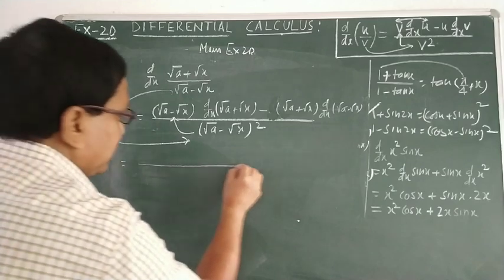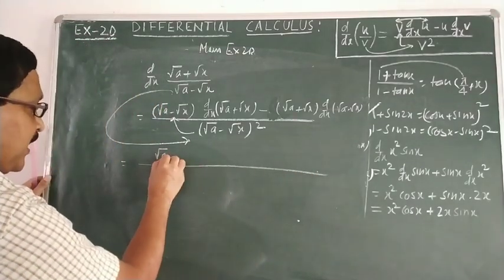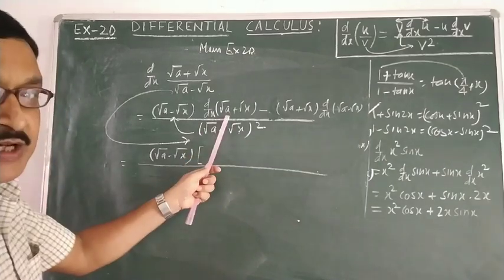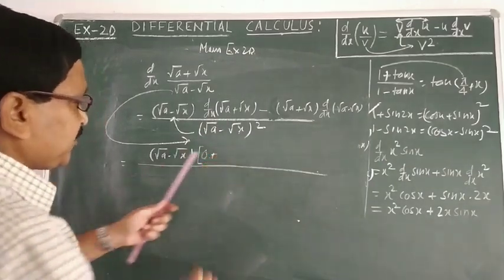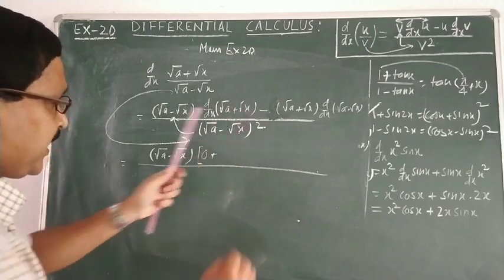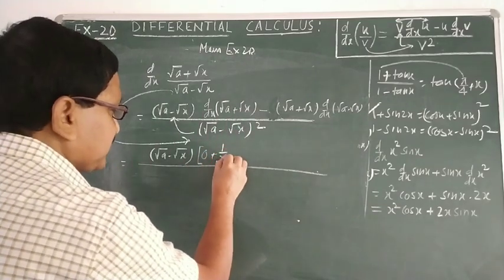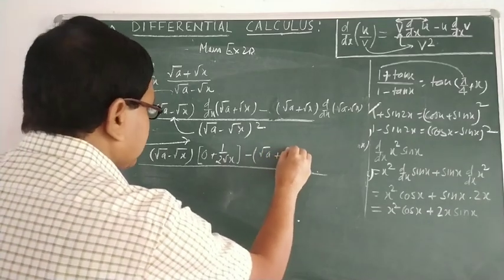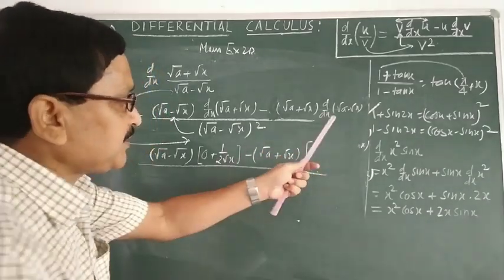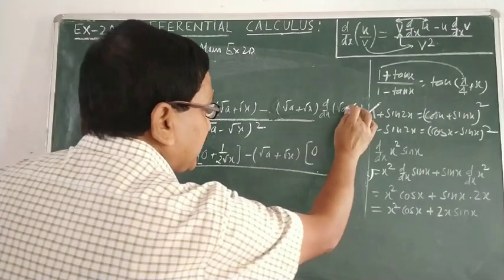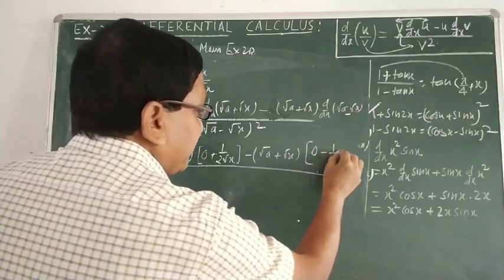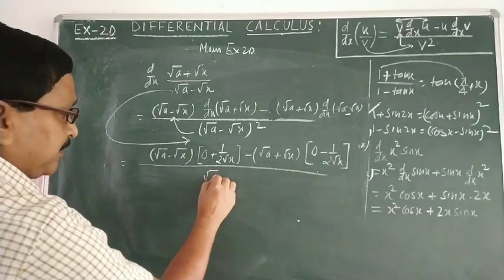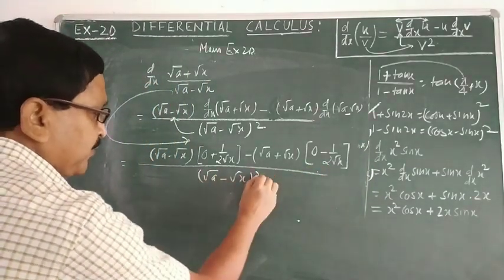So now root a minus root x, and the differentiation of a constant is 0, and I have already told you that the differentiation of root x is 1 by 2 root x, minus root a plus root x into, again, the differentiation of root a is 0, and this is minus 1 by 2 root x, by root a minus root x whole square.